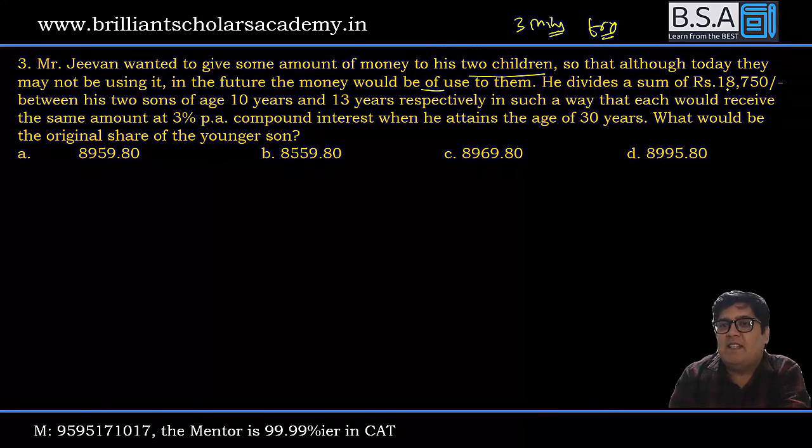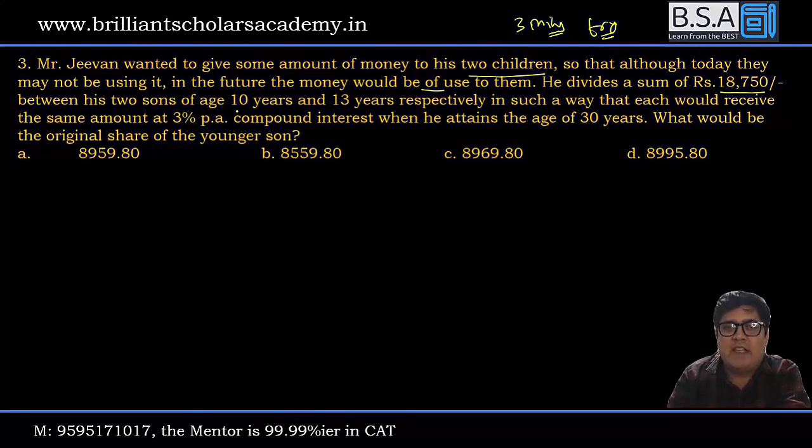He divides the sum of rupees 18,750 between his two sons, age 10 years and 13 years respectively, in such a way that each would receive the same amount at 3% per annum compound interest when he attains the age of 30 years.